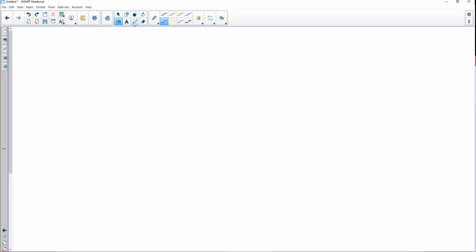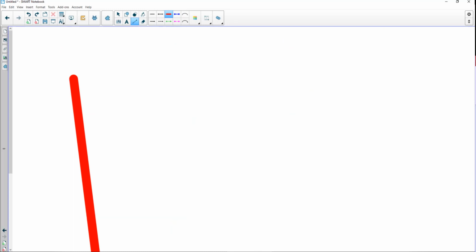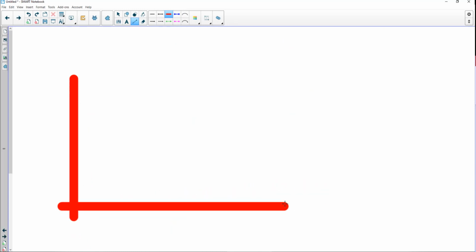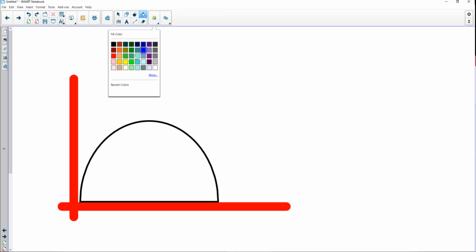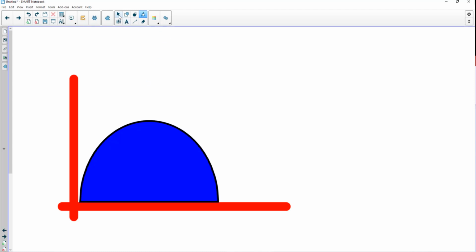Okay, so x and y axis. Let me see if I can get a semicircle. Okay, so I have a semicircle, and let's say that it has a base of 8.